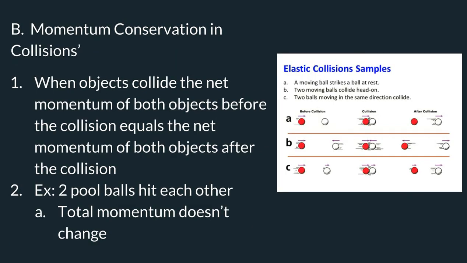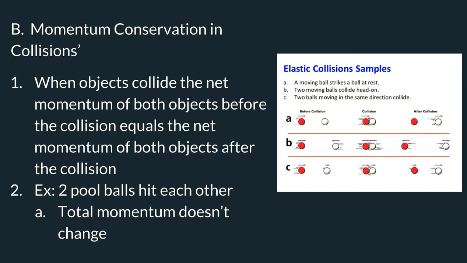Momentum, conservation, and collisions. There shouldn't be an apostrophe there, so get rid of that. Here are 3 examples, and these are all things that can happen. If you've ever played pool or billiards, you can imagine these balls as pool balls.